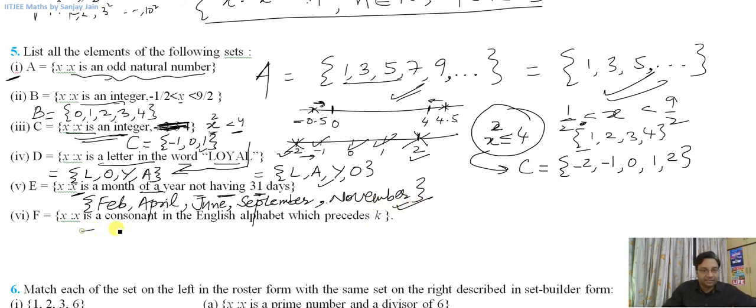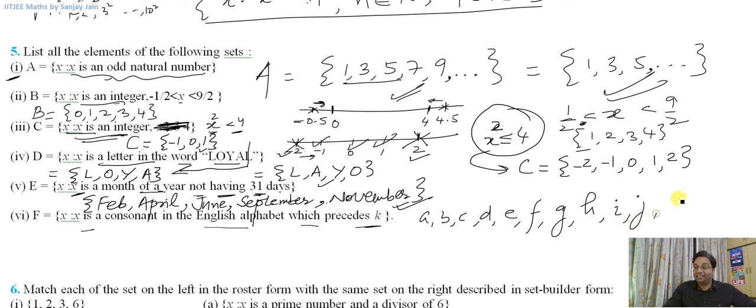Now the next is, X is a consonant in the English alphabet which precedes K. So which are the alphabets that precede K? A, B, C, D, E, F, G, H, I, J, and then there is K. So these are the alphabets that precede K. Now I require only the consonants that precede K. So I'll not include this A, E, I in my answer.